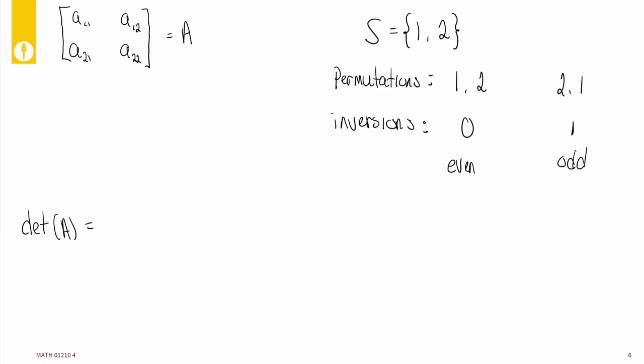So then the determinant of A, going to use that first permutation, 1, 2. Right, so remember the rows. That first index always increases with each term. The second index is the order of the permutation. So that's why it's A11, A22, and it's even, so it's positive.